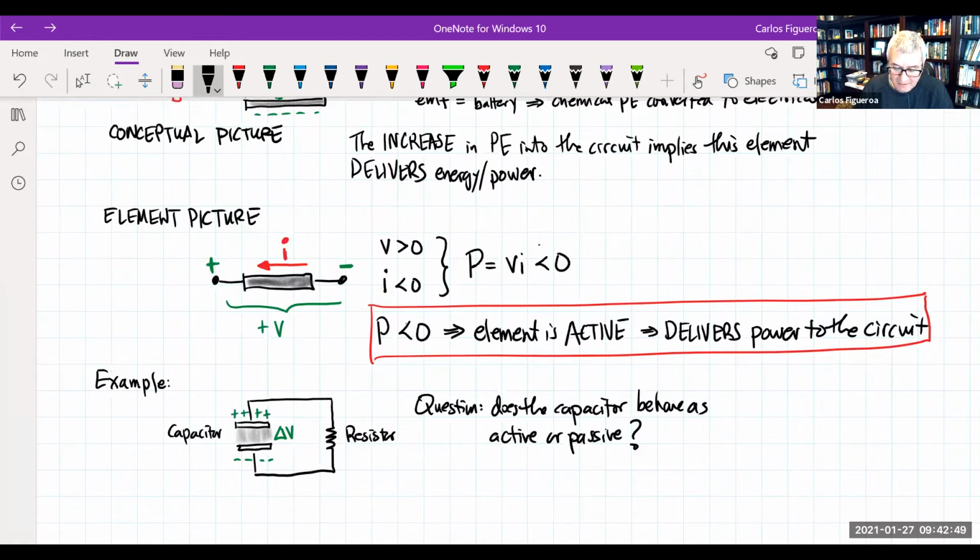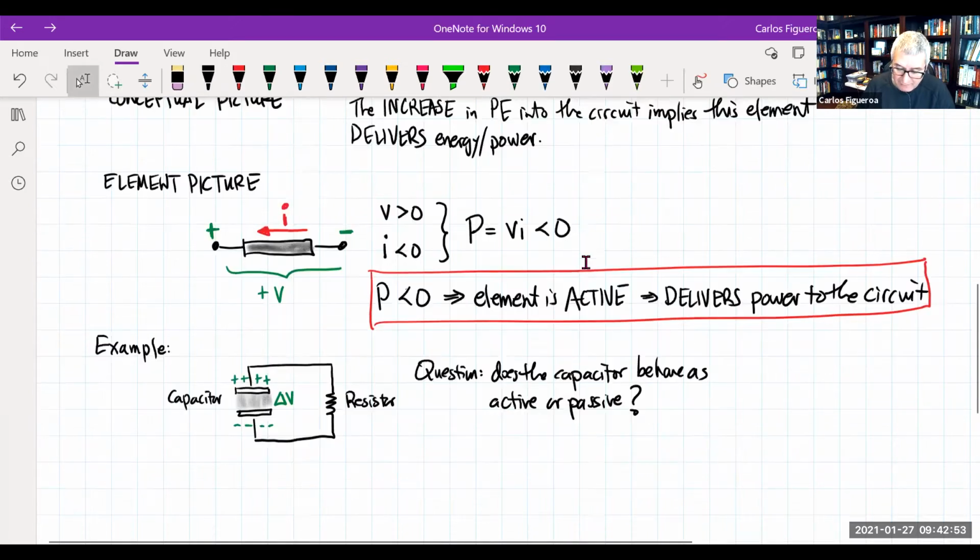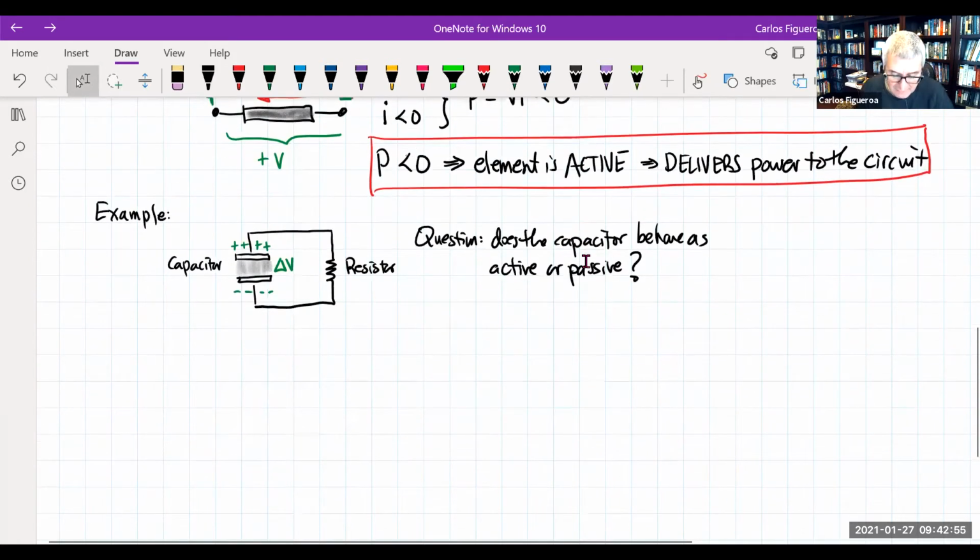It's a very, very hard conceptual thing. But capacitors and inductors are not active elements, they're passive. So that means that the current has to go from the positive to the negative. And that's a story for another day.